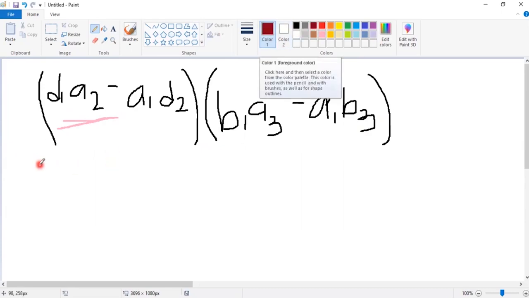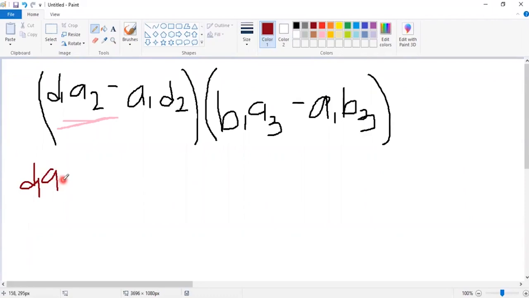Let's go. We now say D1A2 multiplied by everything here. So we have B1A3. Please don't mind the writing, but I hope it's clear.